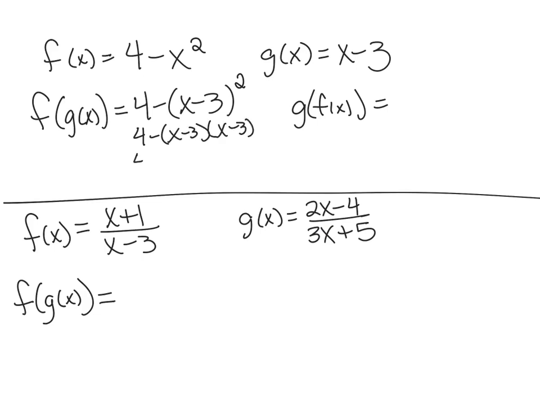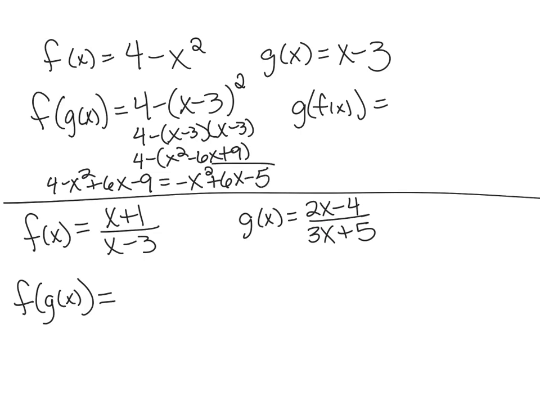Notice that we're subtracting, so I'm going to keep the parentheses. X squared minus 3x twice, positive 9, and then distribute the minus sign. Combine like terms, I get negative x squared, positive 6x, negative 5, and there's my new function.